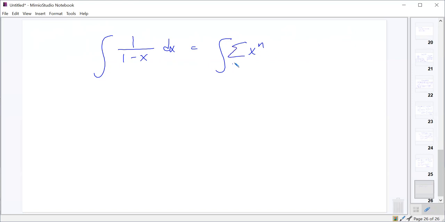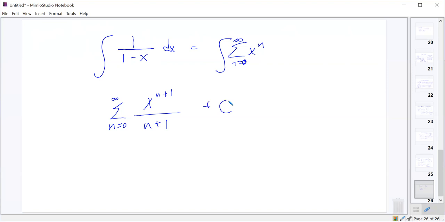If we're going to integrate the sum from n equals 0 to infinity of x to the n, we can do it with the indefinite integral and figure out what the constant is. That gives us x to the n plus 1 over n plus 1, with our sum from n equals 0 to infinity, plus some constant.